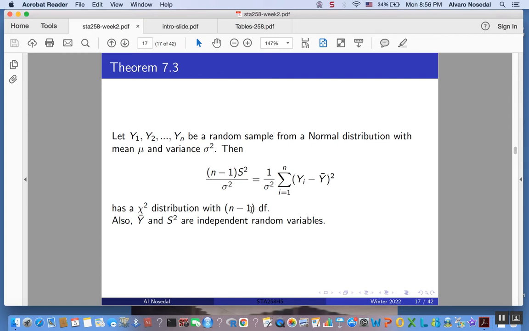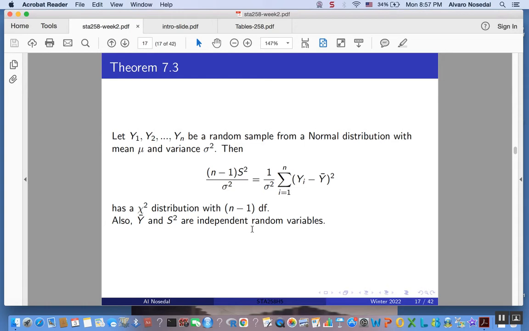It also turns out that y bar and S squared, the sample mean and the sample variance, are independent. We are not prepared to prove the independence of y bar and S squared. You will be showing that maybe in sta258 or for sure in sta437.